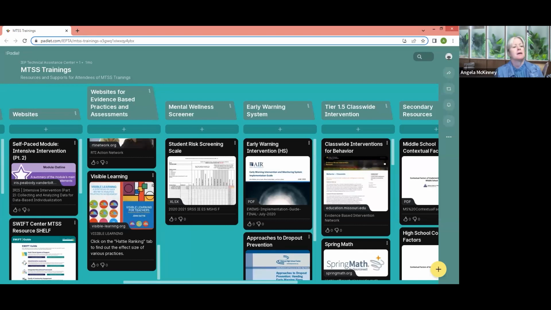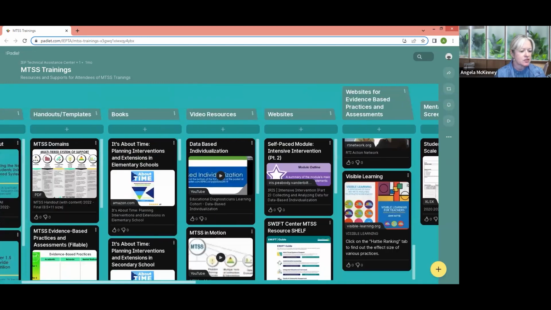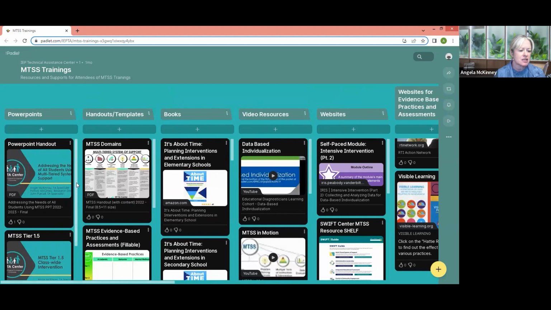A Padlet, if you've not seen one before, is kind of like an online bulletin board. It's a place to organize different resources, including websites, handouts. I've actually got this scrolled over a little bit. It scrolls left and right, and it scrolls up and down in each column.